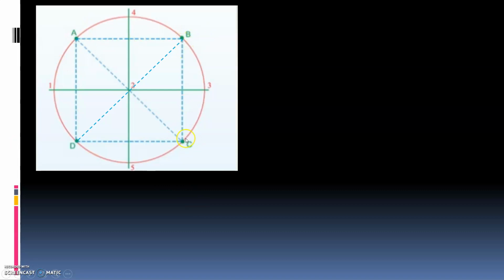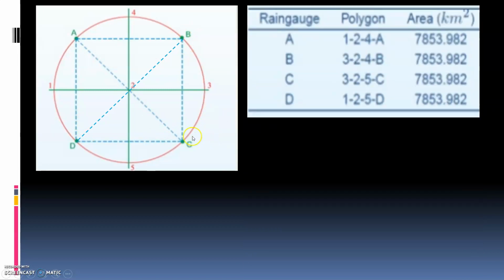First join A to B, B to C, C to D and D to A. Then again A to C and B to D. After that you have to draw the perpendicular bisectors for each area.